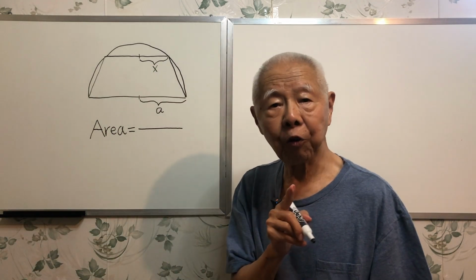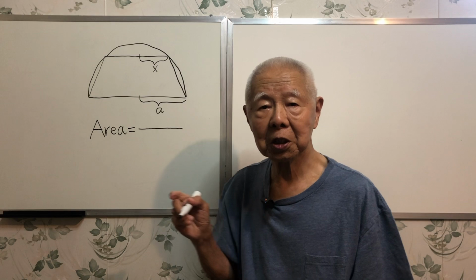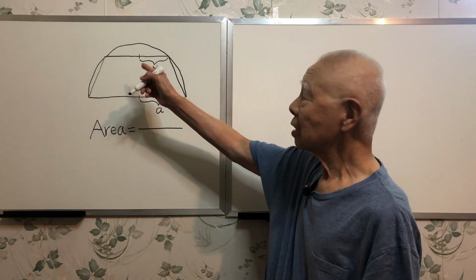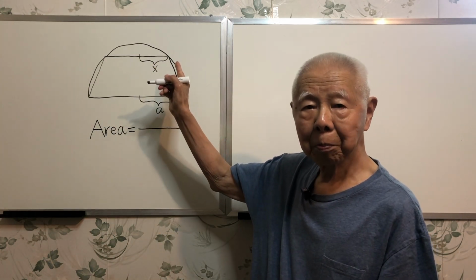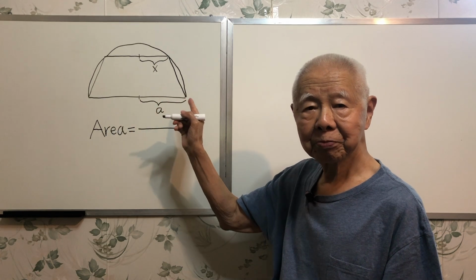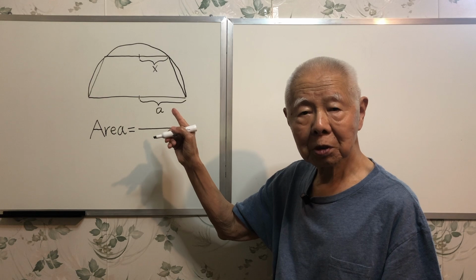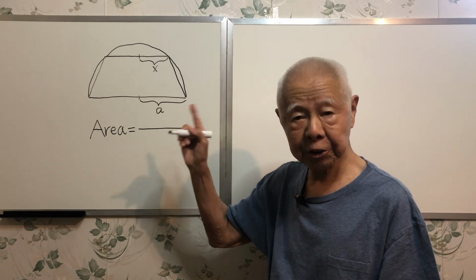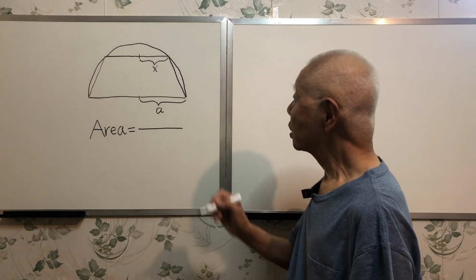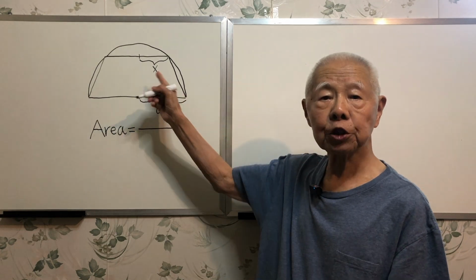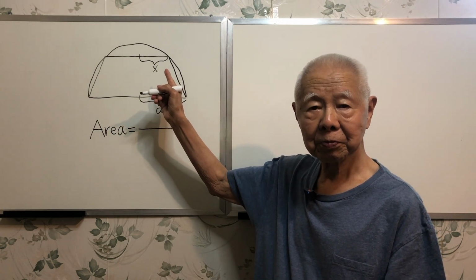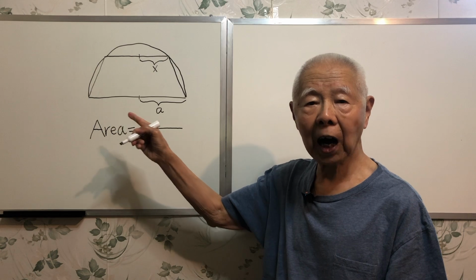The formula for the area is the top plus the bottom divided by 2, multiply the height. The top is 2 times x. The bottom is 2 times a.